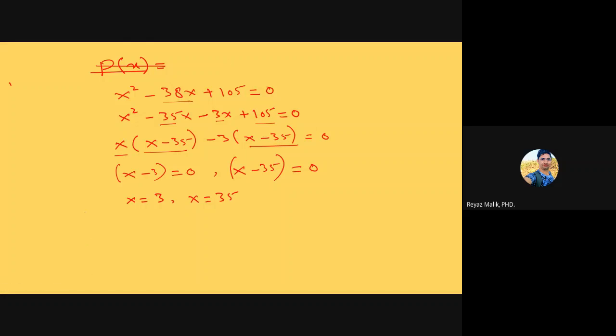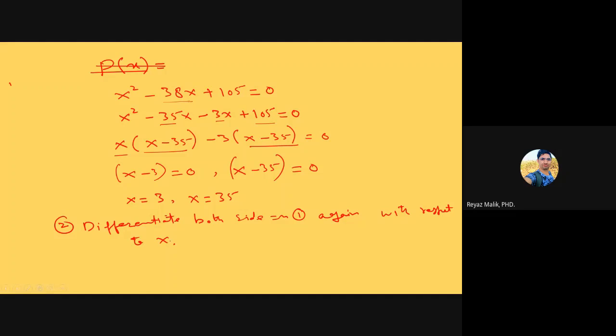Then what is the second step? The second step is to differentiate both sides of equation 1, where we have done the first differentiation, again with respect to x.